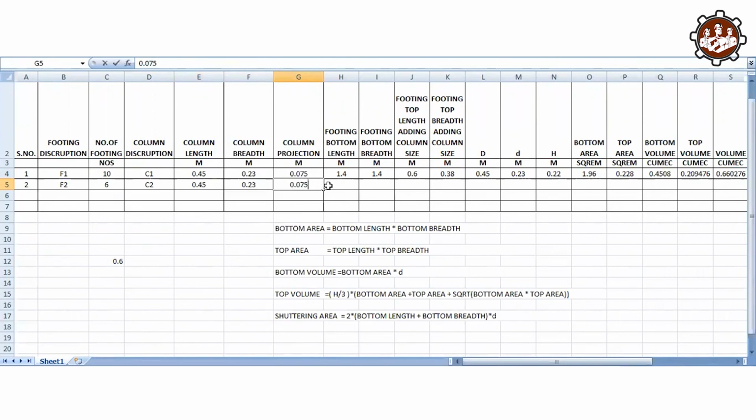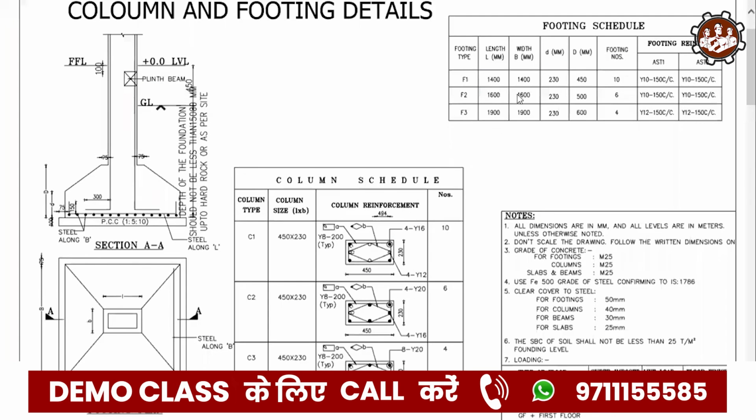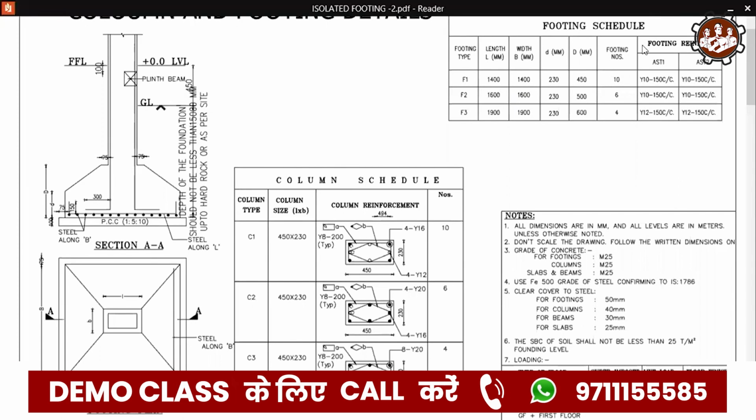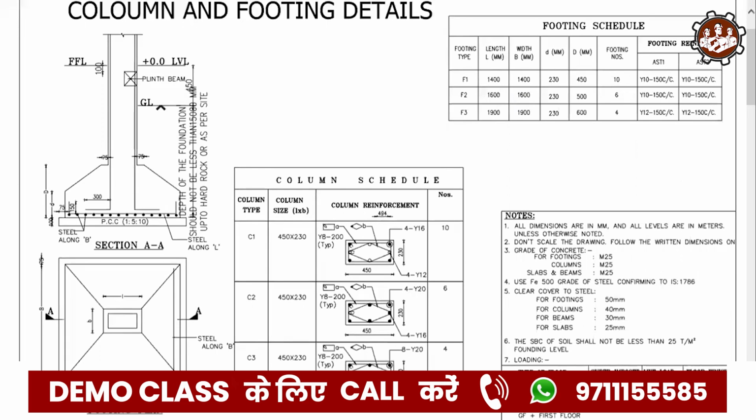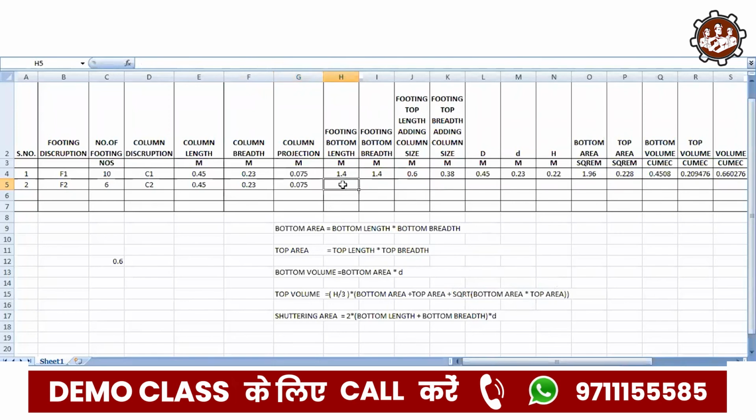And for the footing length, we can see it from the drawings. For the F2 footing it is given as 1.6 meter by 1.6 meter.